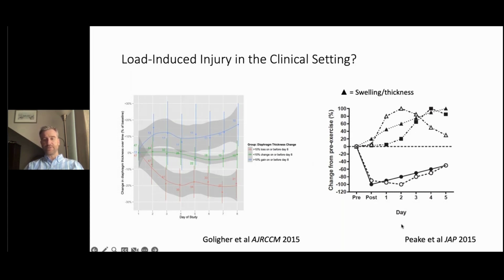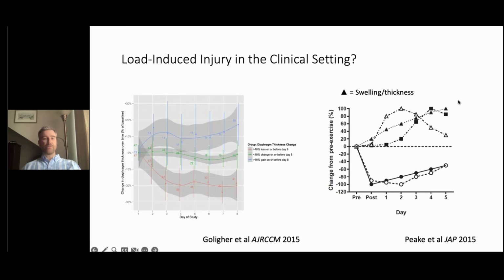But interestingly, we noted this ultrasound study where subjects who had ultrasound measures done on the day after exposure to a biceps loading condition had a progressive rise in muscle thickness on ultrasound, reflective of muscle swelling.